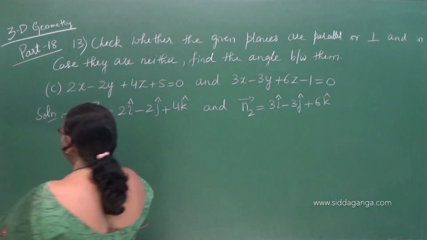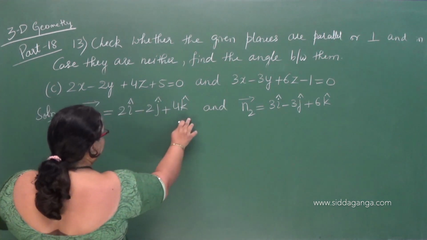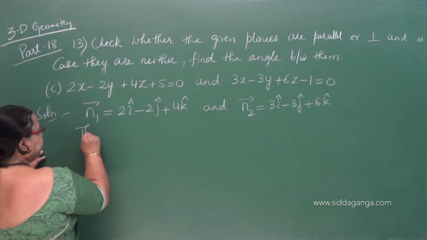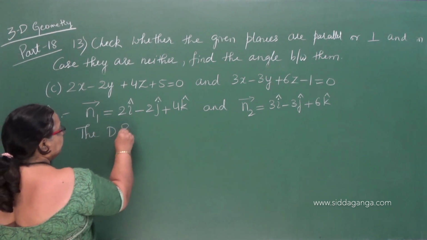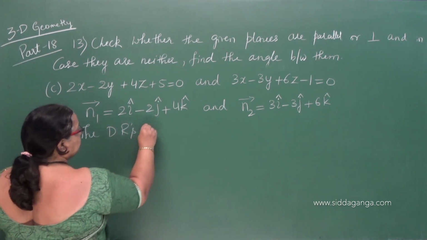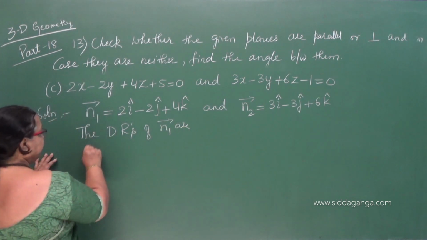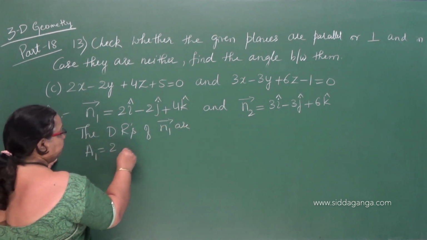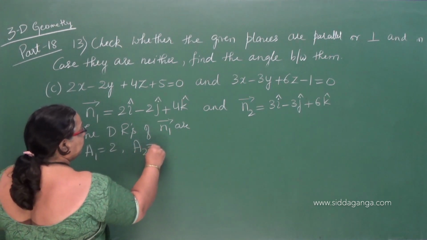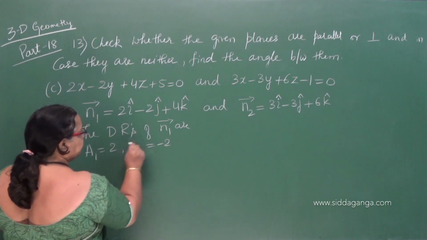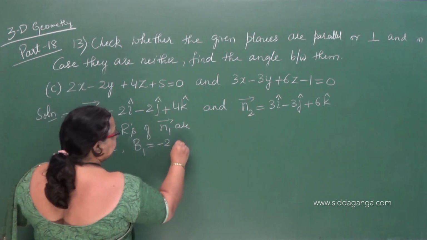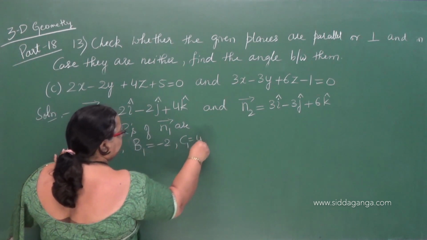So the direction ratios of vector n1 are a1 equal to 2, b1 equal to minus 2, and c1 equal to plus 4.